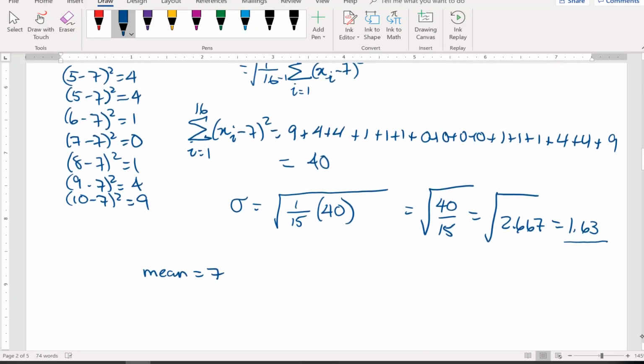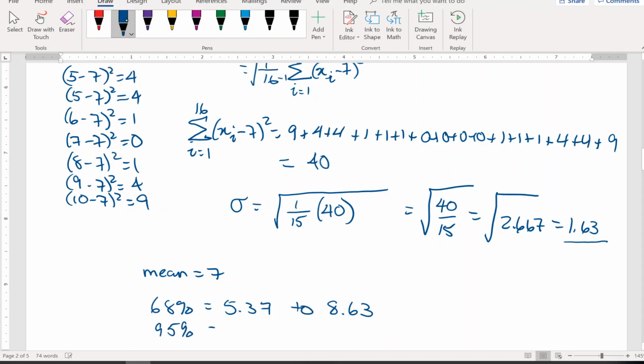And so we can say that 68% of our data is within 1 standard deviation of that. So that means we can take 7, subtract 1.63, to get 5.37, up to 8.63. Within those two values there are 68% of our data.